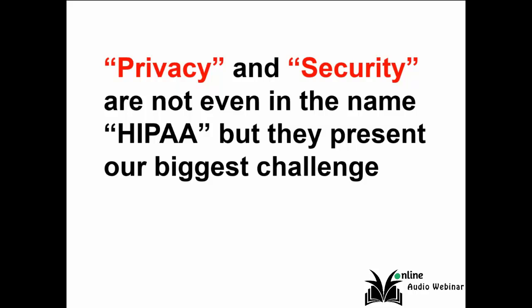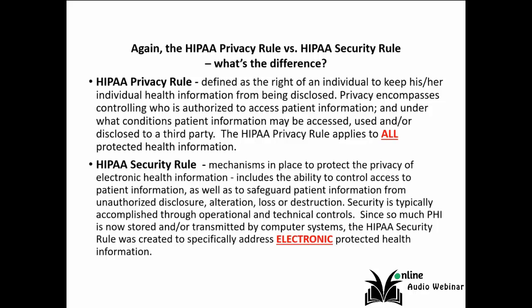It's abstract. Privacy is defined as the right of an individual to keep his or her individual health information from being disclosed. Again, it applies to all PHI. The security rule consists of mechanisms to protect the privacy of electronic protected health information.